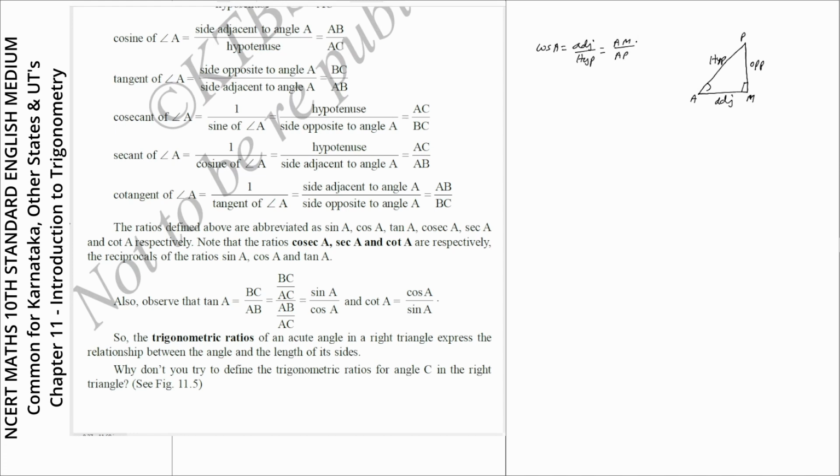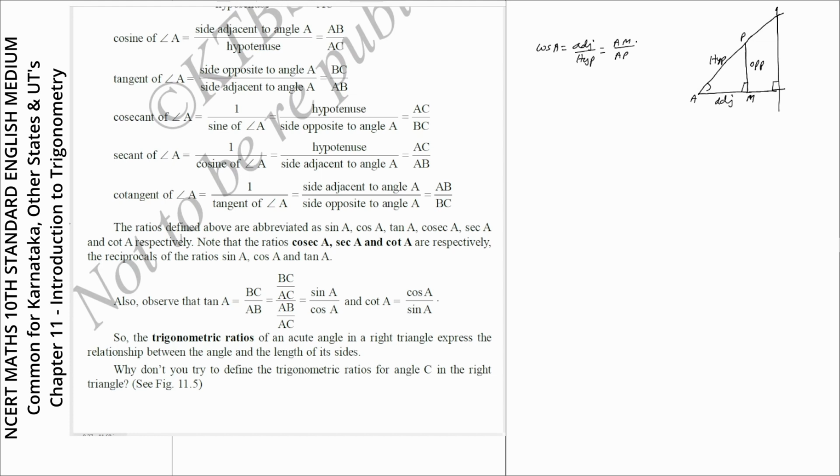Now if I extend AM further like this, and extend AP this way, and draw a parallel line which intersects AP extended and AM extended like this, that means this angle is 90 degrees.